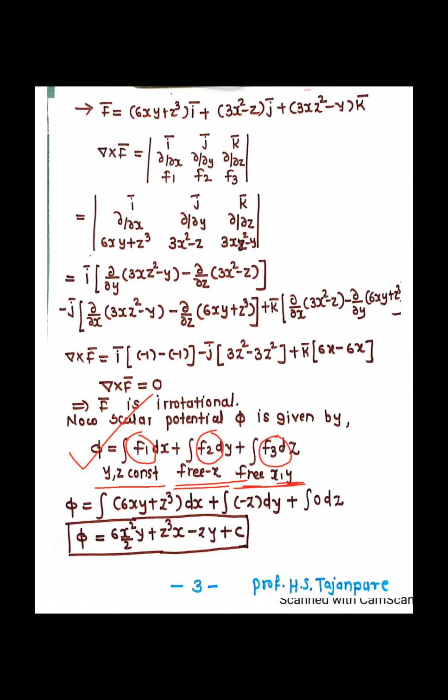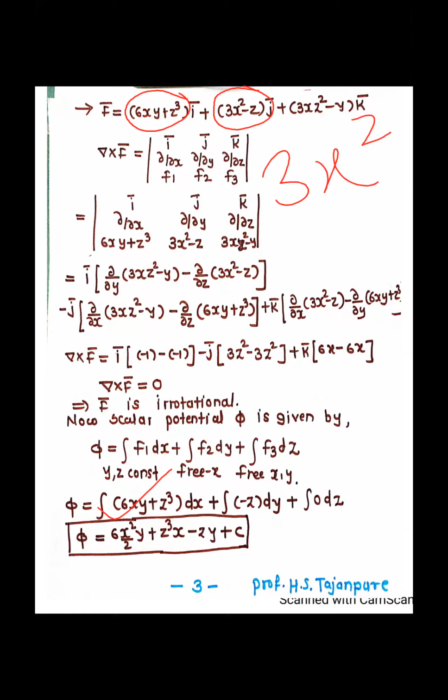So f1 is this. Just compare this with f1 above. So the value of f1 I have substituted here as it is. Now you can see here the value of f2. F2 contains two terms. One is 3x square and another term is minus z. So 3x square contains x, so neglect the term. What is remaining here? Minus z only.